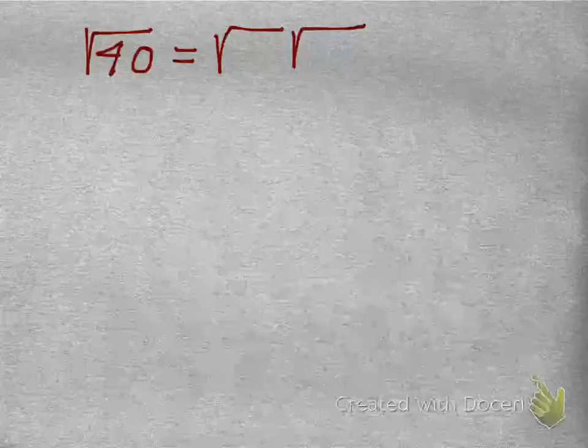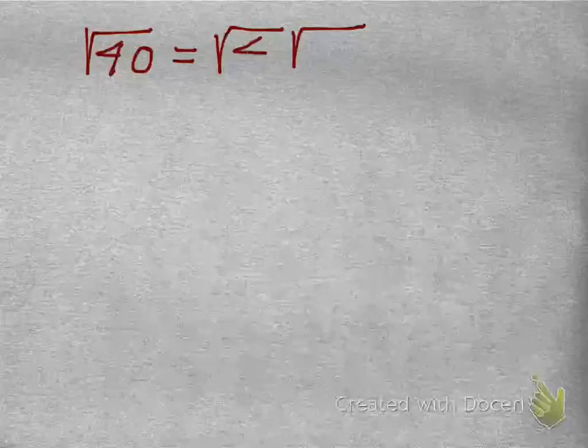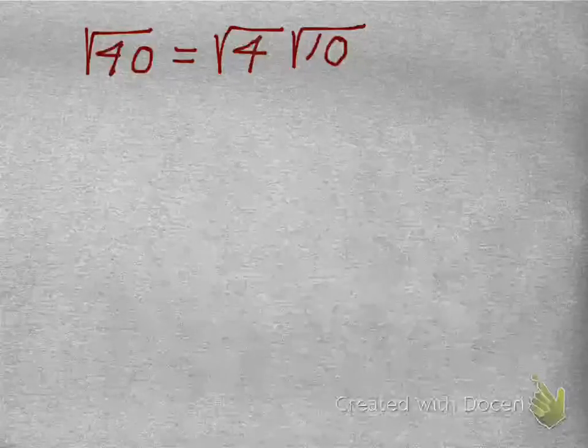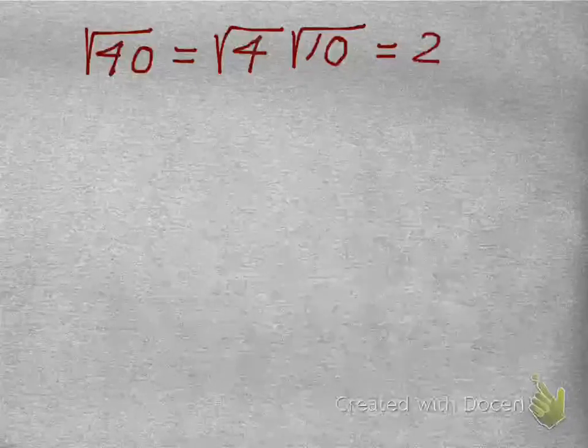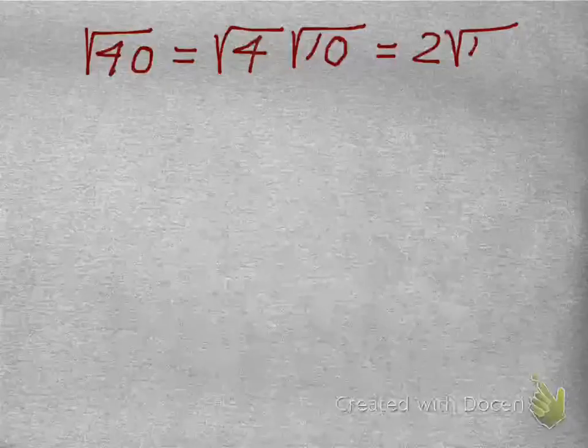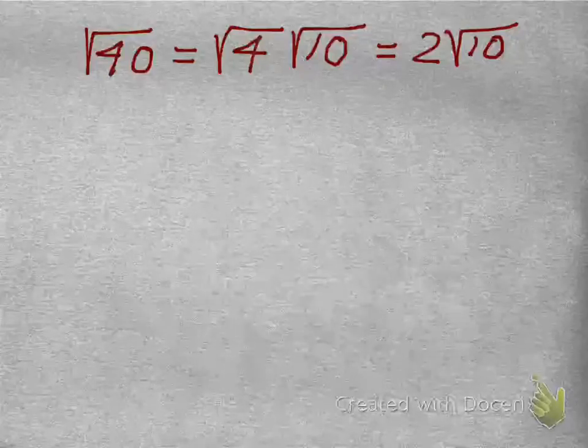If we go through our list of perfect squares, we find that 4 is a perfect square that can be divided into 40, and 4 times 10 gives us 40. The square root of 4 is 2. The square root of 10 does not have any other perfect squares in it, so we leave it. We read this as 2 times the square root of 10, or 2 square root of 10. This means the same as the square root of 40.